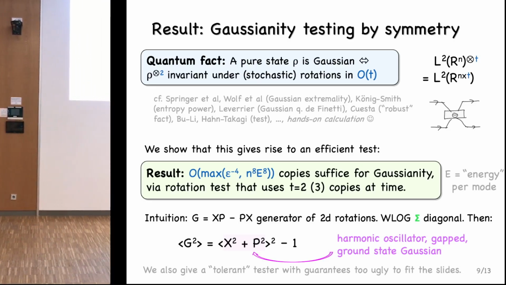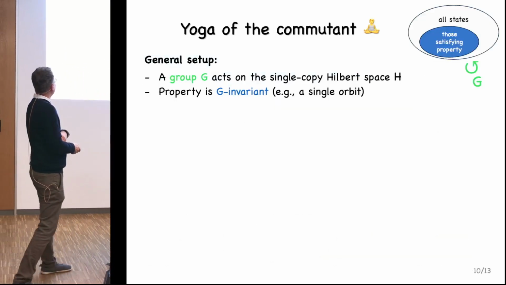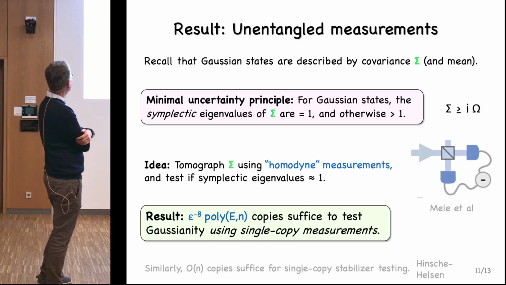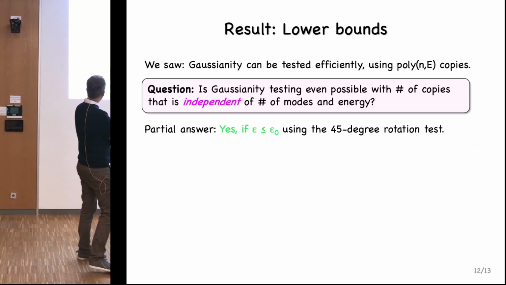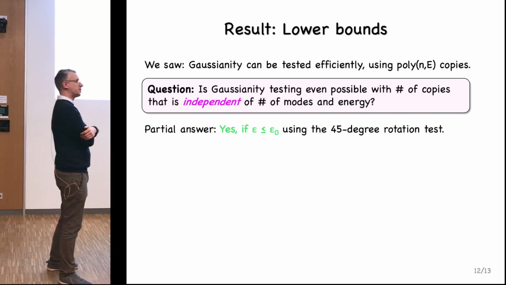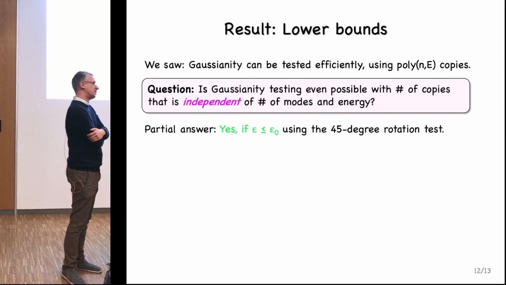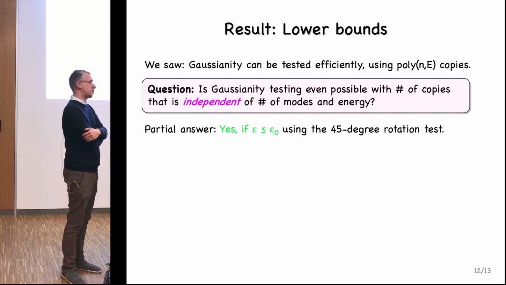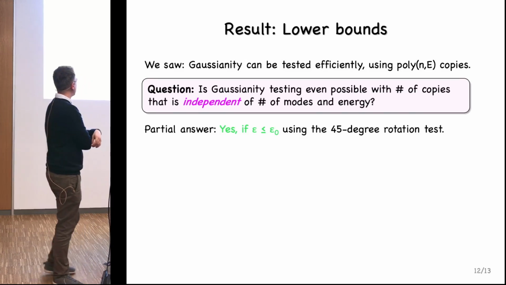I'm wondering what your conjecture is about the energy independence. What the answer is? You didn't say. No, I also don't know. I mean about the modes. I feel like if you had some energy bound per mode, then we should at least be able to get rid of the scaling with the number of modes. That I would feel optimistic about, also in the fermionic case, that such a result could be true.